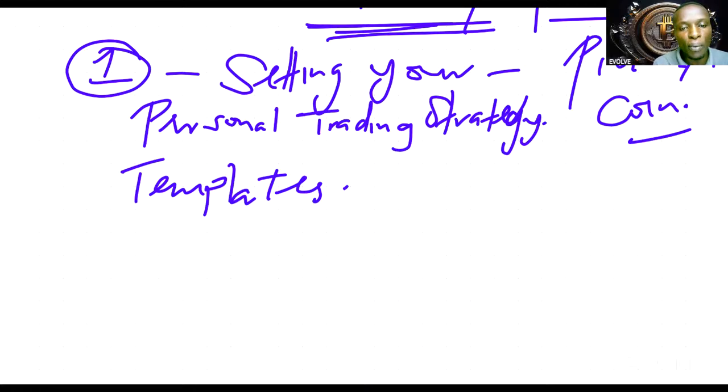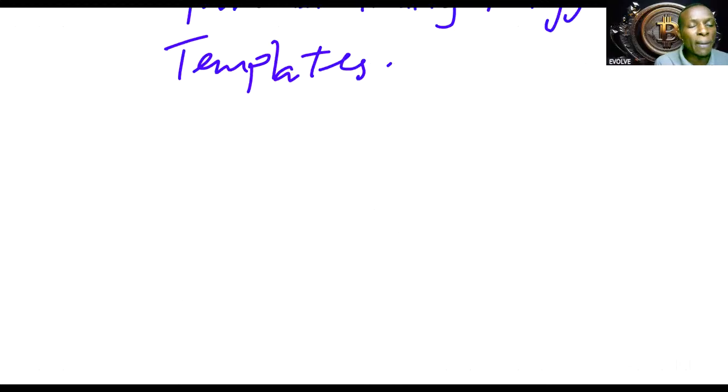So for example, you know your capital, okay? You can set up a template. You can set different templates. You can set up a strategy that is, let's say you are trading with $500. This is just an example.